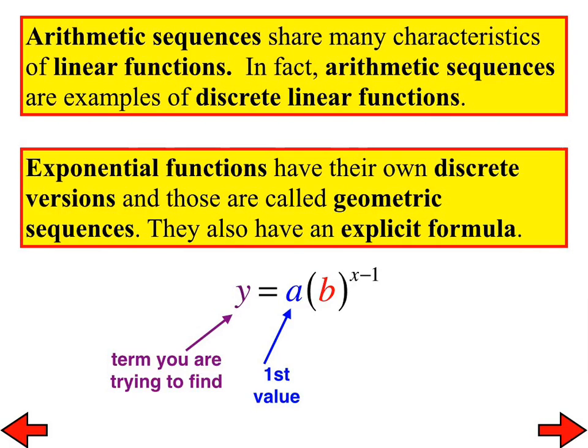And that's why the exponent is not x. That's why it's x minus 1. b, like in exponential functions, is the multiply factor or the multiply number or the base. With geometric sequences, we refer to it as the common ratio.